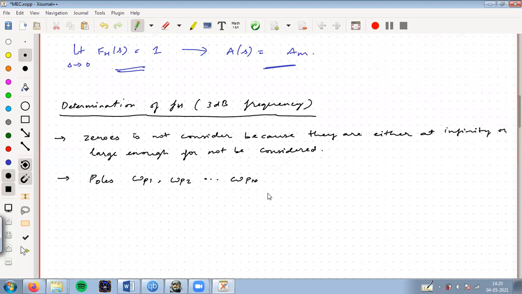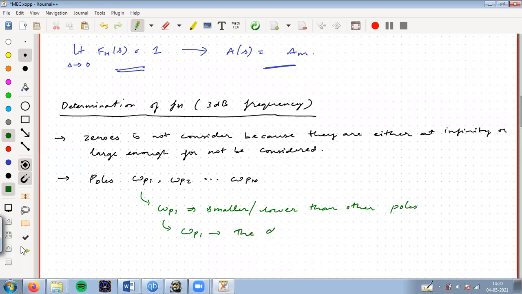Now among these, if ωp1 is smaller or lower than other poles, then we take ωp1 as the dominant pole.